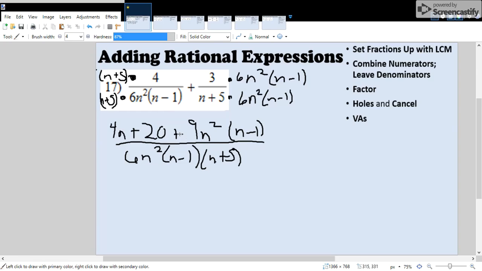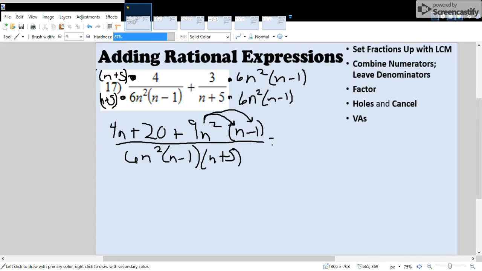From here, you're going to want to multiply out the numerator and combine like terms to see if there's anything we can factor up there. So go ahead and distribute the 9n squared into both terms.